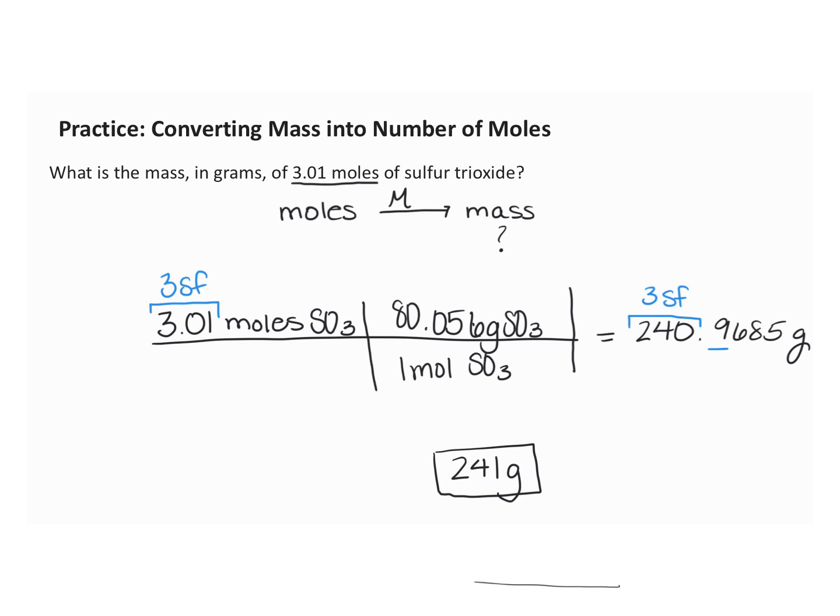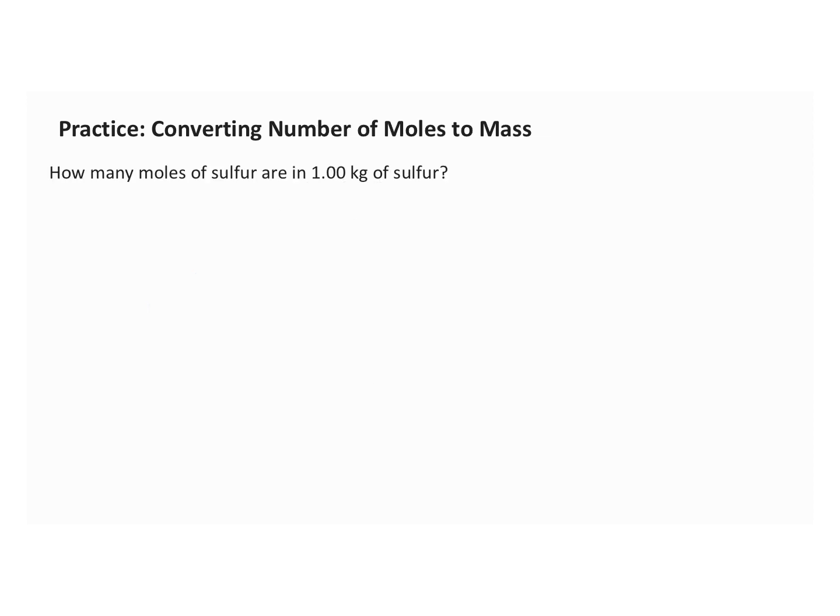Now, we can also convert from the number of grams to moles. So if we go to this example, it says how many moles of sulfur are in 1 kilogram of sulfur. So when we're looking here, we know that molar mass is given to us in grams per mole. Those are the units. So even though we're given kilograms here, to be able to go from any sort of mass to moles, we have to convert to grams first.